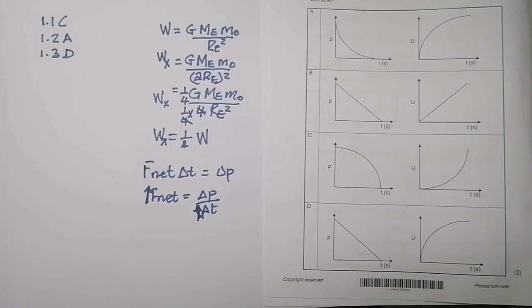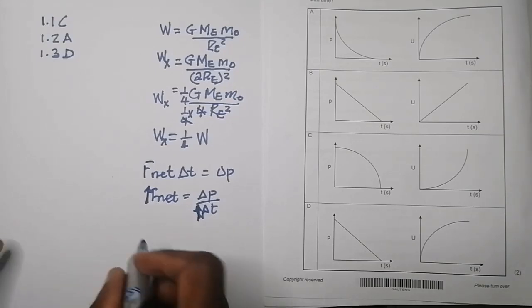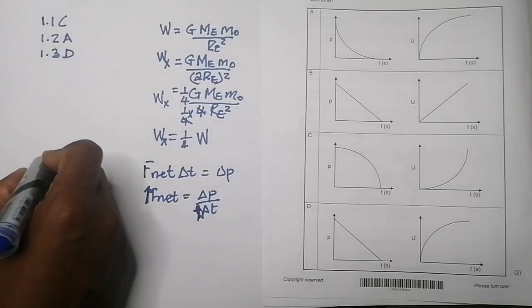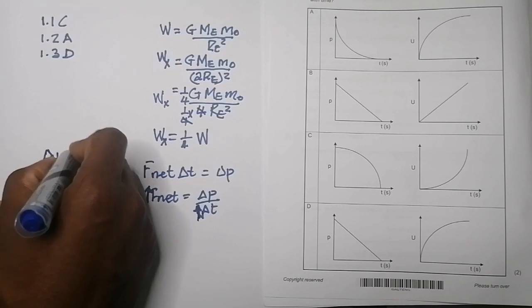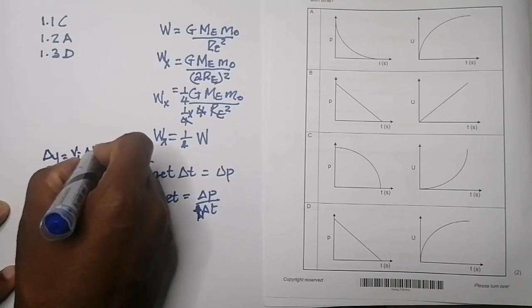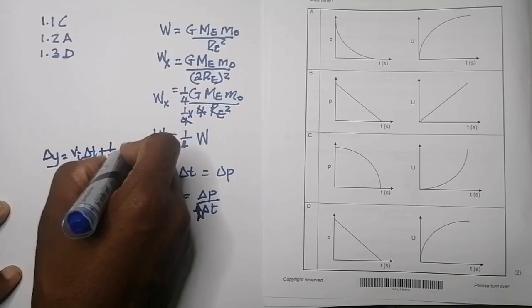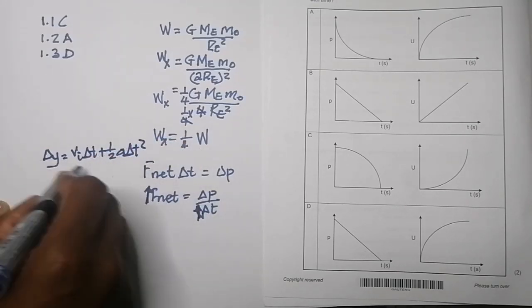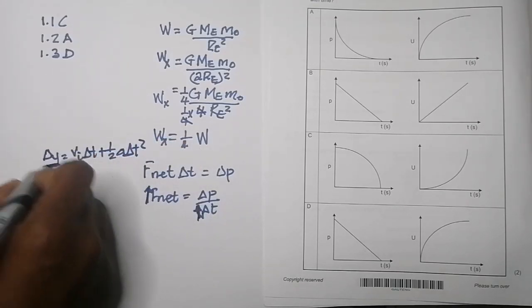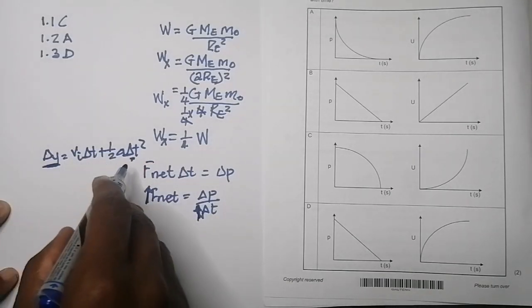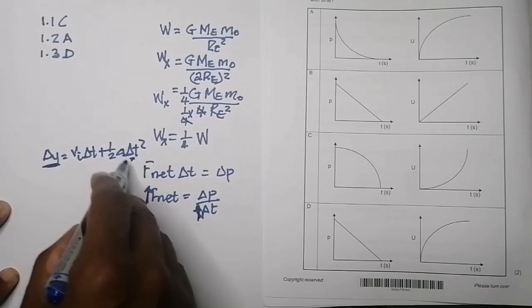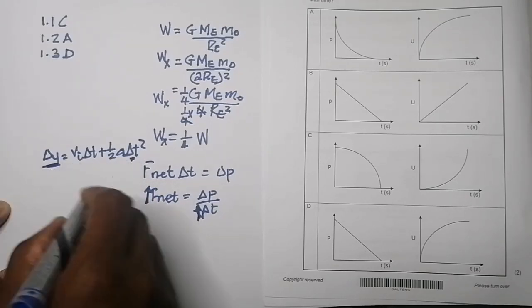All right, but now let's talk about gravitational potential energy. So what happens to the height with time? If you think about the equations of motion, delta y equals vi delta t plus 1 over 2 a delta t squared. If you look at the relationship between displacement and time, you can see that that relationship is a quadratic relationship.